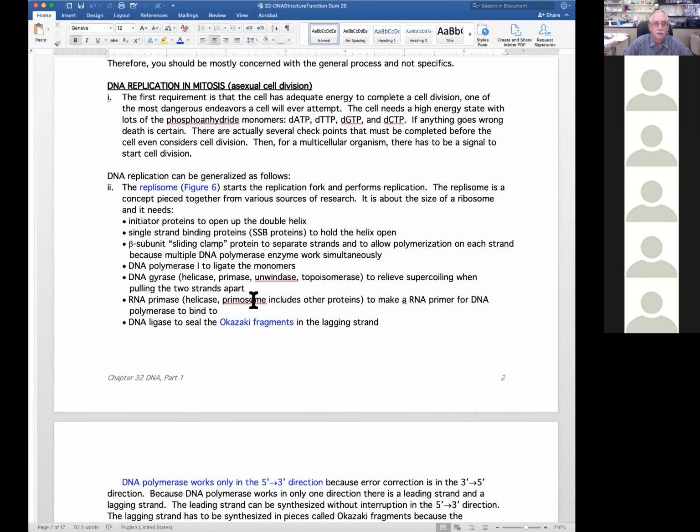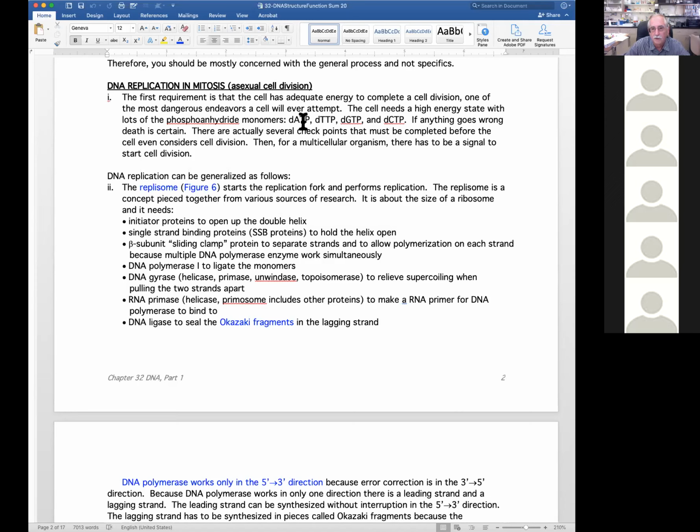Anyway, so DNA replication. This is called mitosis, or asexual cell division. First of all, the requirement is that the cell has to have lots of energy. You saw that the monomers were actually triphosphates, similar in energy to ATP.